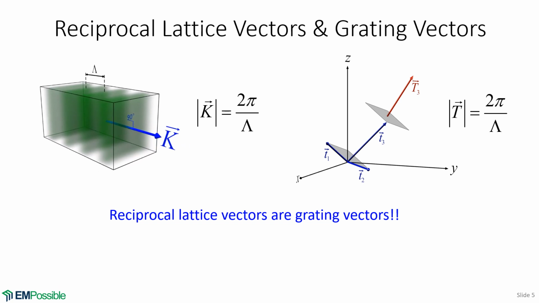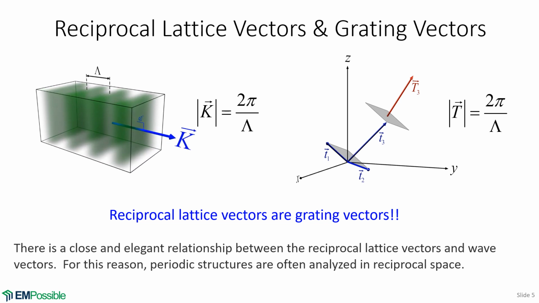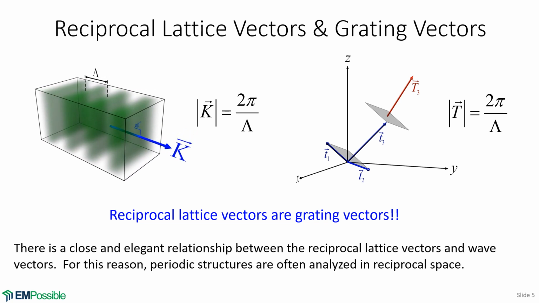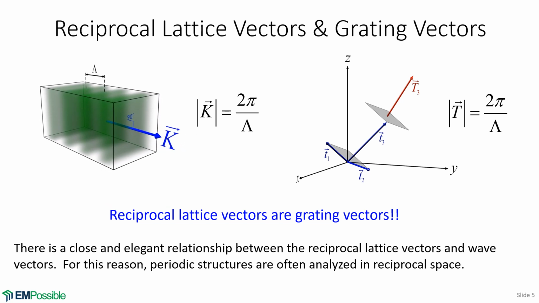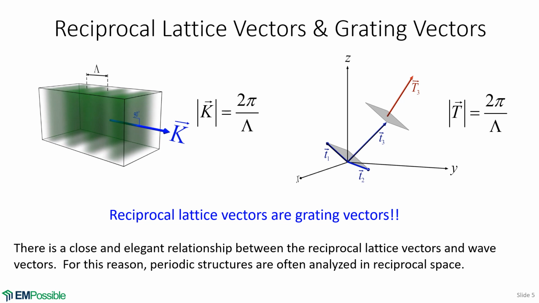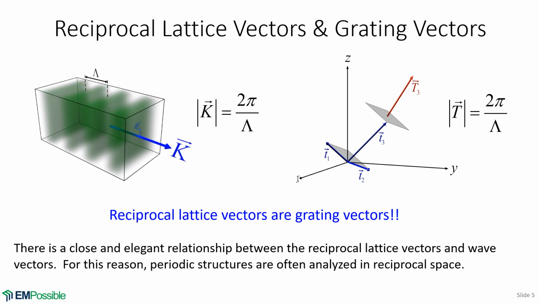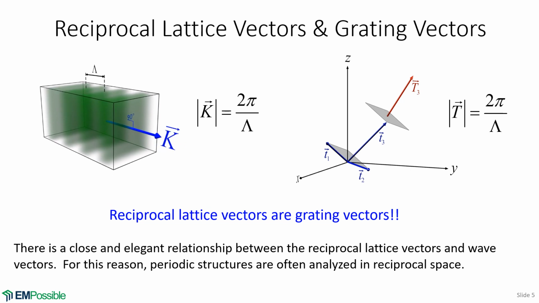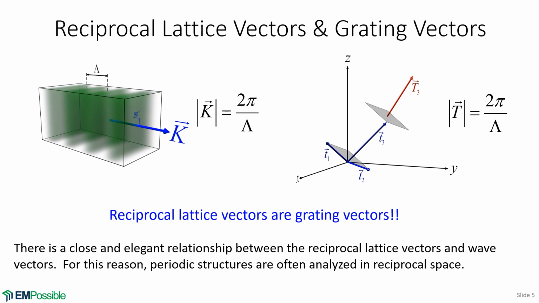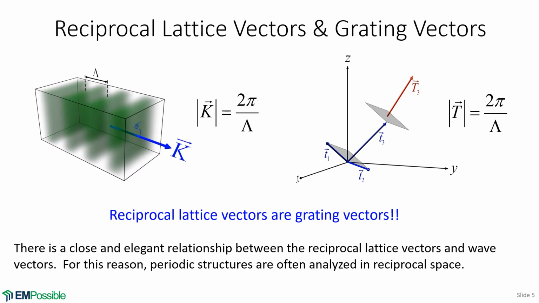They are describing how our periodic structure repeats itself. So there's a very, very close relationship between grating vectors, wave vectors, reciprocal lattice vectors. It's very intimate. And for this reason, very often we analyze periodic structures on the reciprocal lattice instead of the direct lattice, which is sort of interesting. And that's just because there's such an elegant relationship between these different vector systems.